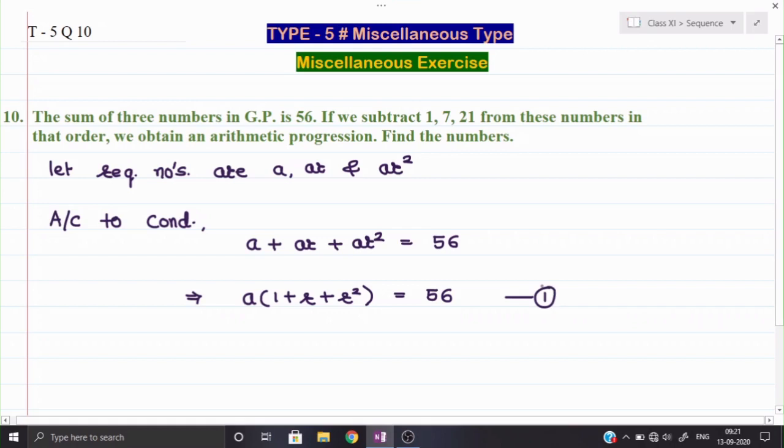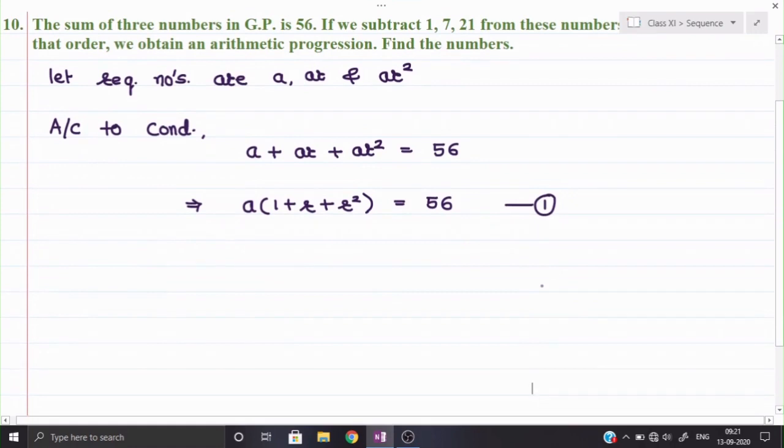Now, what they are saying: if we subtract 1, 7 and 21, we'll write down again, according to the second condition. We are subtracting 1, 7 and 21 from the given numbers.